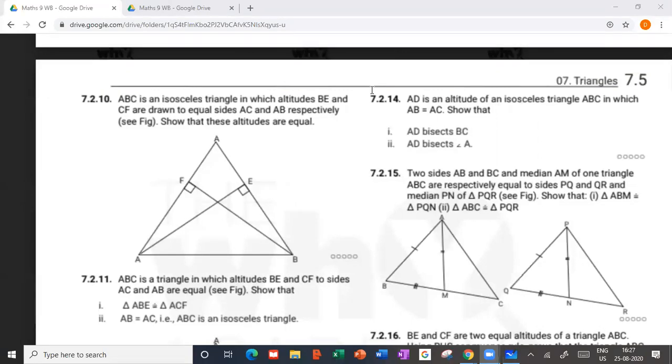And we also know that since the triangle is an isosceles triangle, the angles opposite to the equal sides of the triangle will be equal. So angle ABC will be equal to angle BAC. Hence, by angle side they will be congruent, and by CPCT AE will be equal to BF.